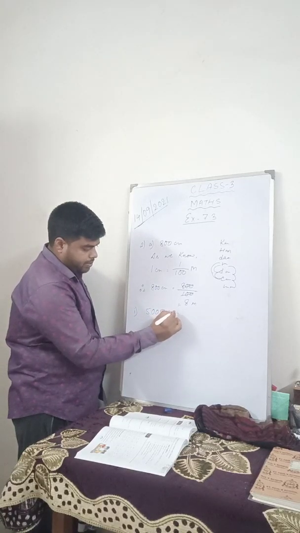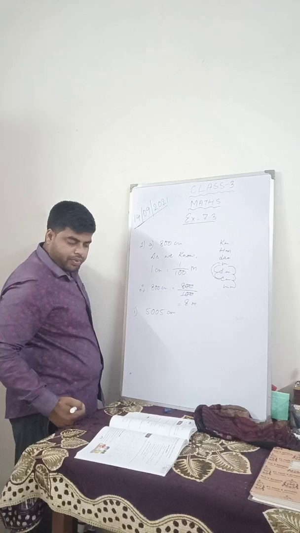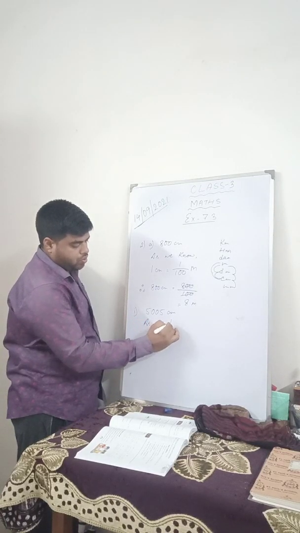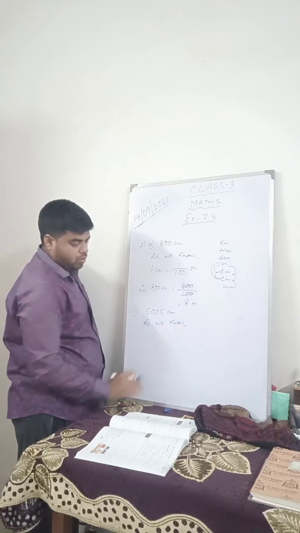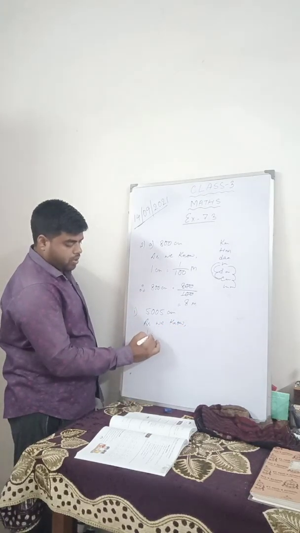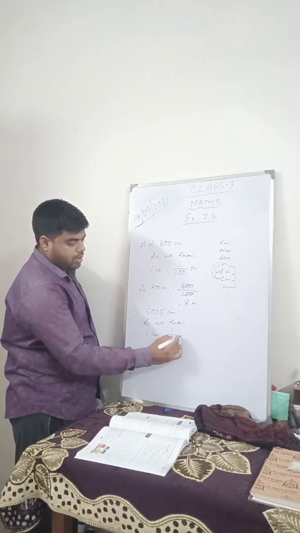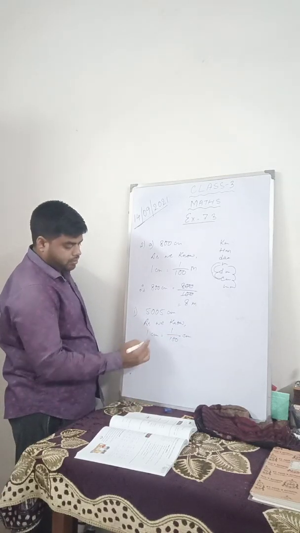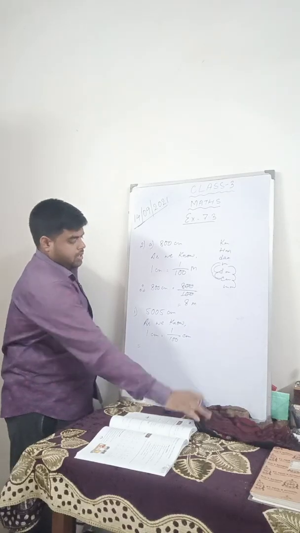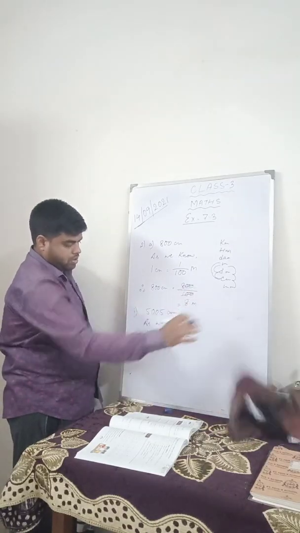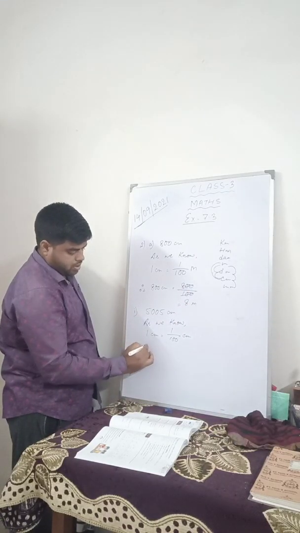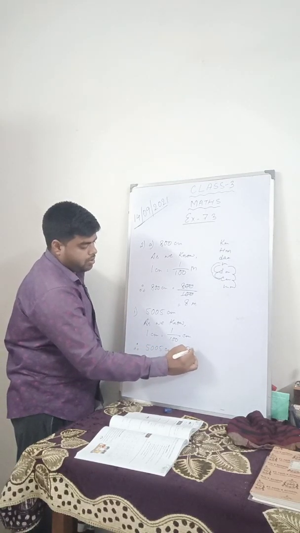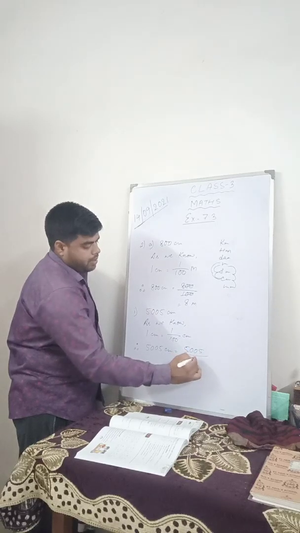5050 centimeter. So as we know, they have given you centimeter, so 1 centimeter is equal to 1 by 100 meter. Therefore 5050 centimeter is equal to 5050 divided by 100.